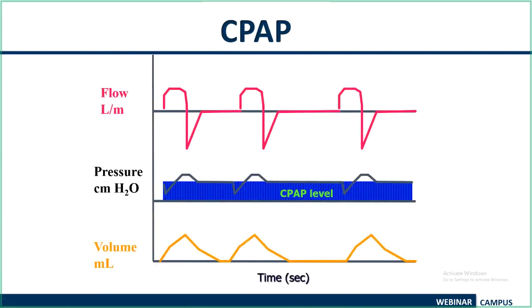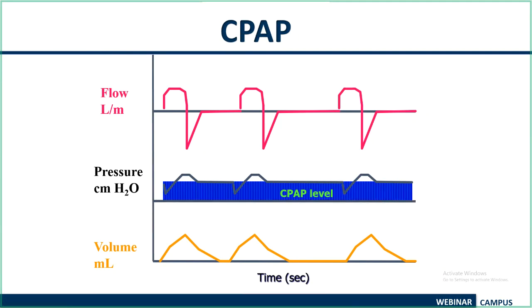Now what is a CPAP? CPAP means you are applying a continuous positive airway pressure, otherwise called PEEP. So in PEEP you can see when you apply a PEEP here, the pressure will never touch the baseline. A minimum pressure will always be maintained inside the alveoli so that more and more lung will get recruited. It will not collapse.